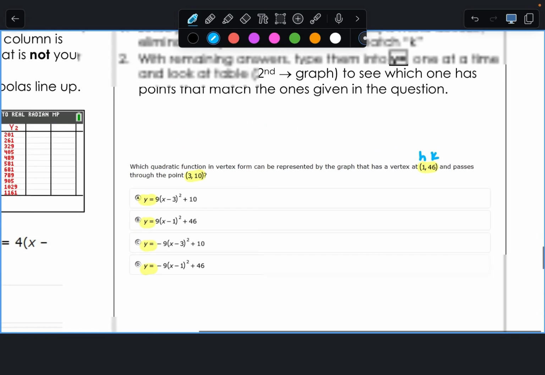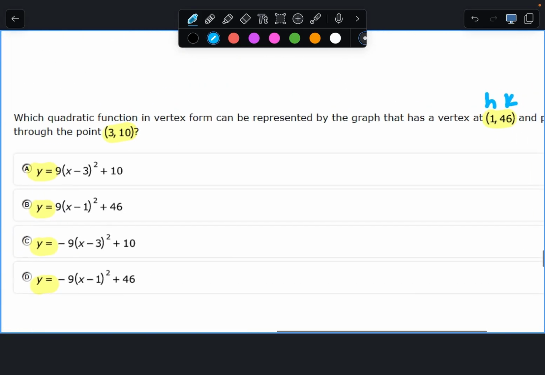And vertex form, which is on the formula chart, is a times x minus h, squared, plus k. So if I look to see which ones have the correct h and k, that would be b and d. So I can at least get rid of a and c if I remember that part. If I don't remember that part, look for both points. From there, I'm going to type in b into my calculator.